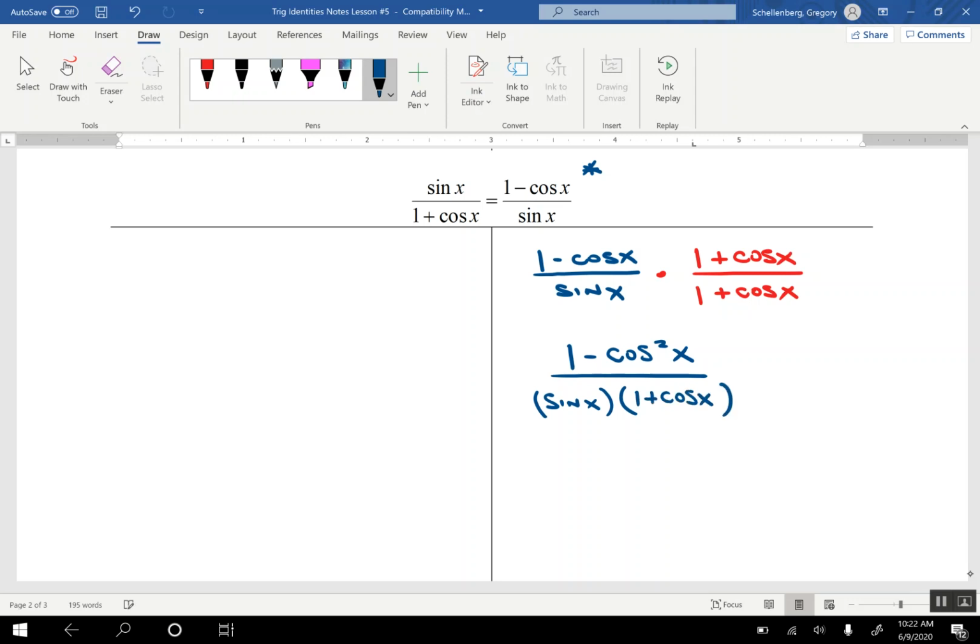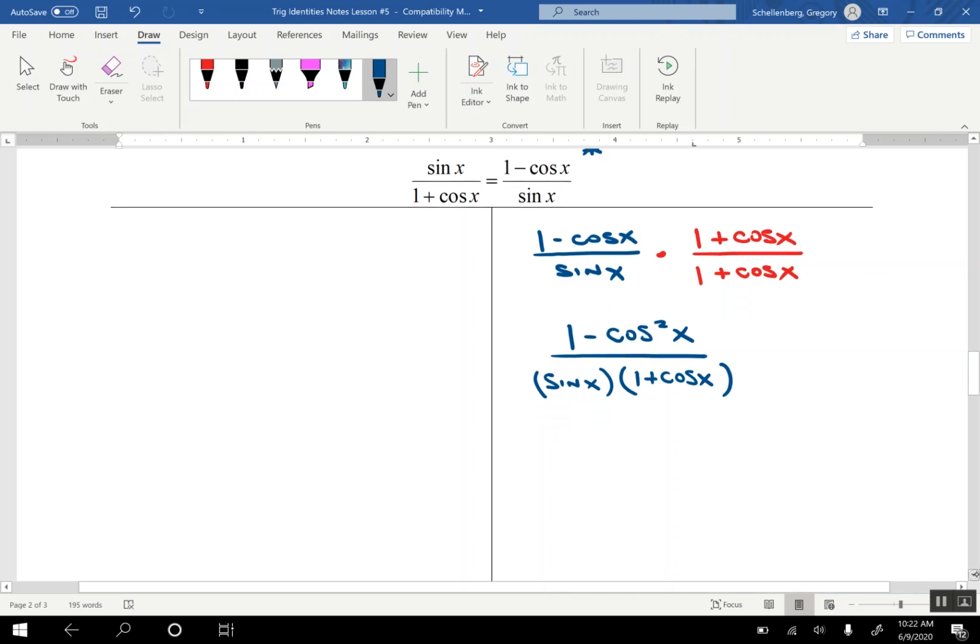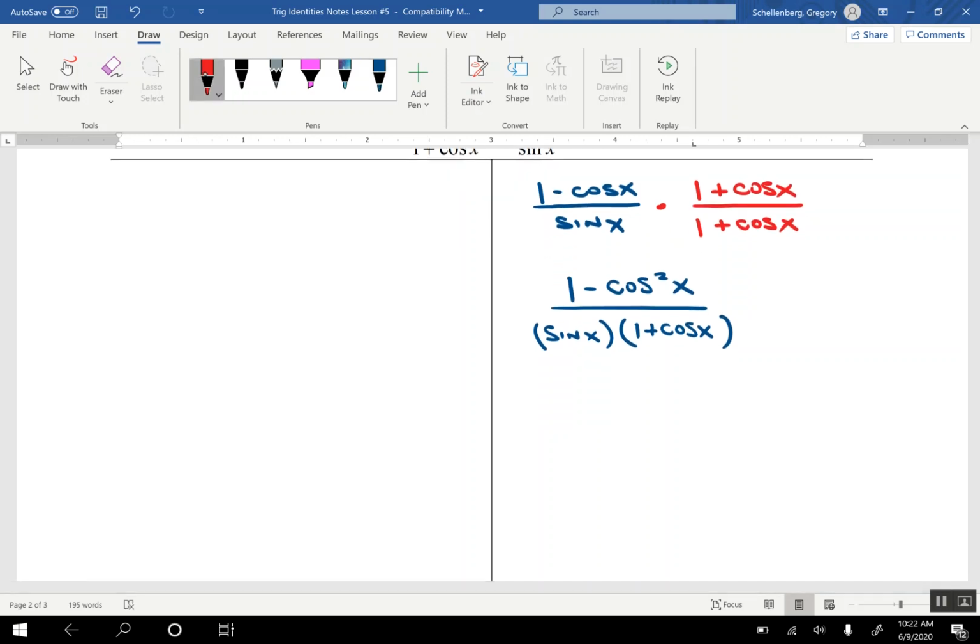Okay, so we're not expanding that out. Now our numerator, this is our Pythagorean identity. I can replace 1 minus cos squared with sine squared. And this is all over sine x times 1 plus cos x.